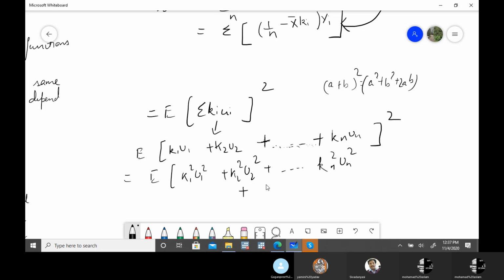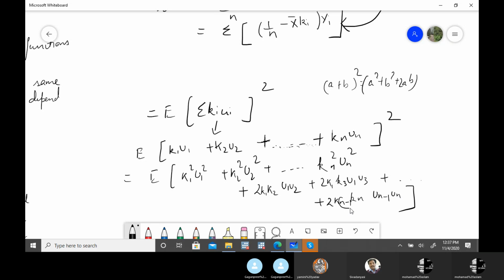Then we have 2ab, which starts with 2 k1 k2 u1 u2, then k1 k3 u1 u3, and so on till the end, 2 k(n minus 1) kn u(n minus 1) un.